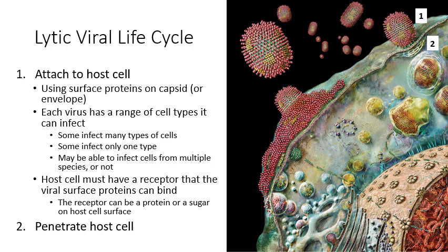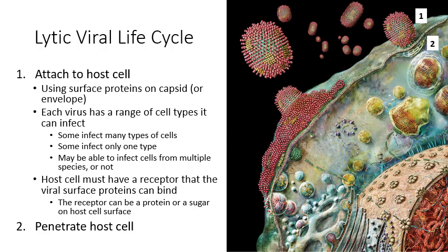The receptor on the host cell is not intended for the virus. It has some other purpose for the host cell. The virus is just using it as its receptor. What kind of receptor the virus can attach to determines what the virus can use as a host, both what species it could use as its host and within that species, what kind of cells, what cell types could it use as host.